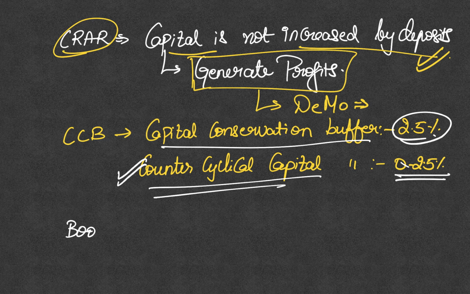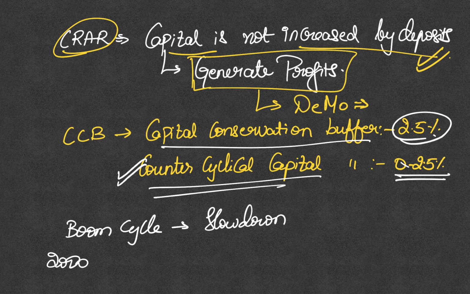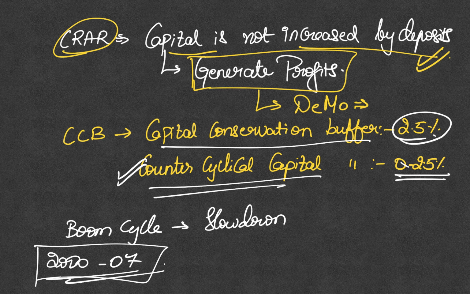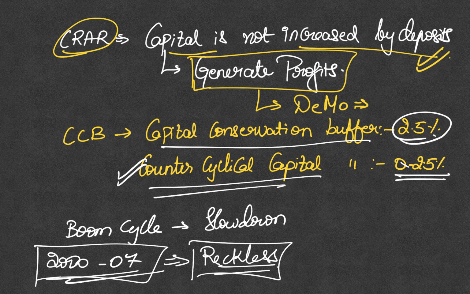There will be a boom cycle and there will be a slowdown cycle. Between 2000 and 2007 we saw the economy booming, and because of this banks resorted to lending activities in the hope that they would generate more and more returns, and this also led to reckless lending by a few banks. In order to ensure that RBI has control over such reckless lending, the countercyclical capital buffer is also stipulated by RBI from time to time.